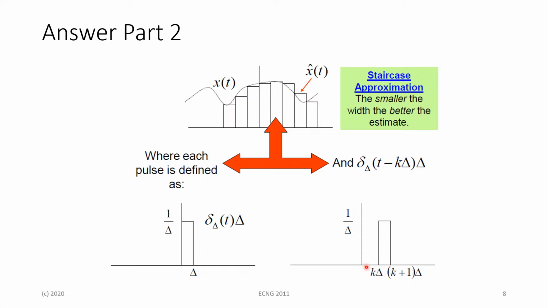The notation for k delta here basically represents how we shift this rectangular signal to represent each different rectangle. So if we're dealing with this rectangle here, and we say this is our first rectangle in the entire series, this is just going to be delta, in between 0 and delta.